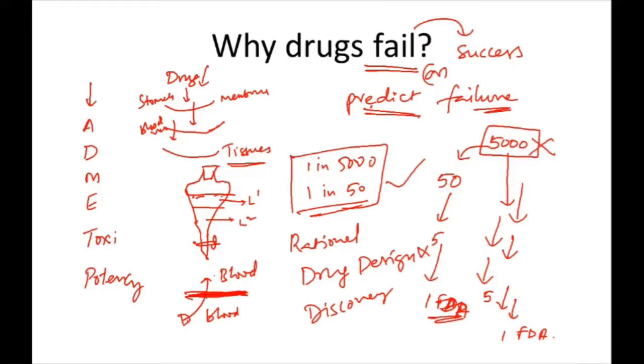So what exactly is the parameter which controls distribution of a drug from side to side? It's solubility. If the compound is highly polar, it will stay on one side. And if the compound is highly non-polar, it prefers to stay with the membrane.